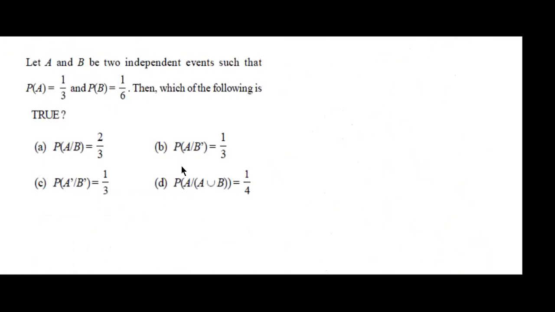This is probability related, not random variables. Random variables and probability, these all are in probability only. Now A and B are two independent events such that P of A is equal to 1 by 3, P of B is equal to 1 by 6. Then which of the following is true? Let me verify option A, P of A given B. What is the formula?